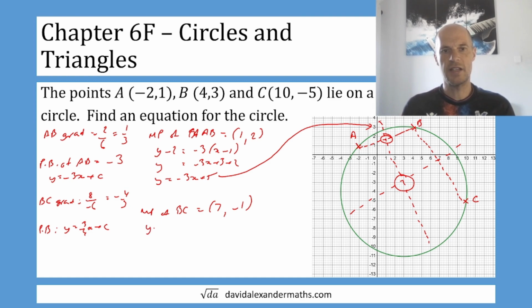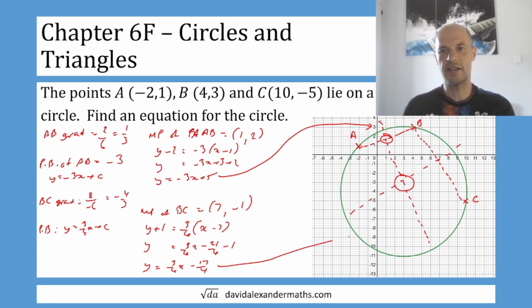Okay, so y take away the y coordinate, so y take away -1, y plus 1 equals 3/4 of x take away the x coordinate, which is 7, so y equals 3/4 x take away 21 over 4 take away 1, so what we have is y equals 3/4 x take away 17 over 4.